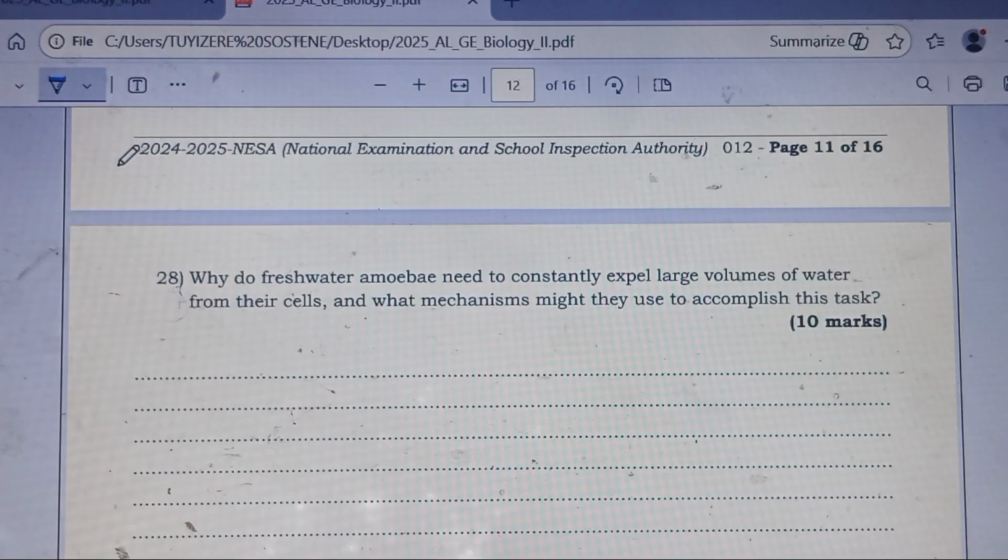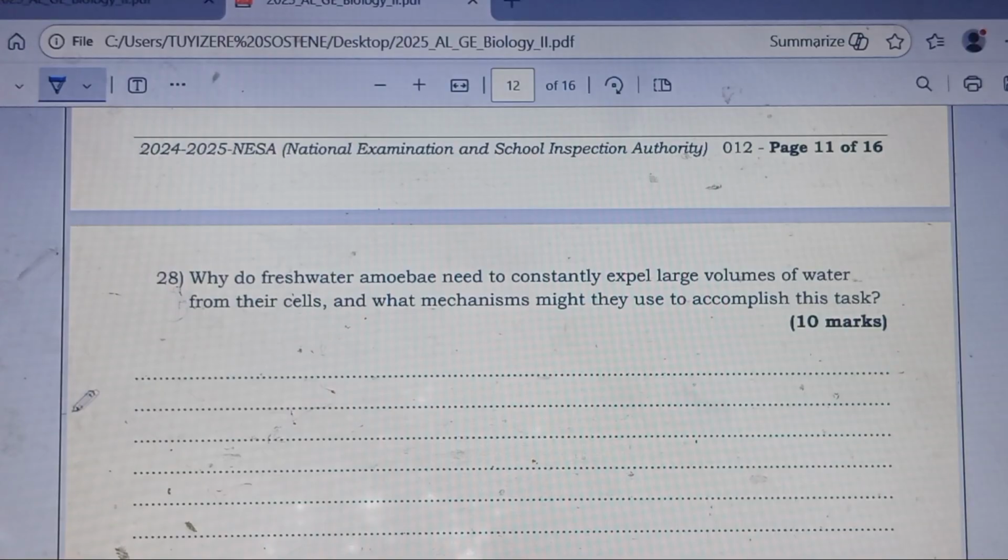That is the question related to unit 3 in senior 2, and even to the unit in senior 4 on transport across the cell membrane. Here, first you must explain osmosis. Osmosis is the movement of water from a region of high concentration to a region of low concentration across a semi-permeable membrane.